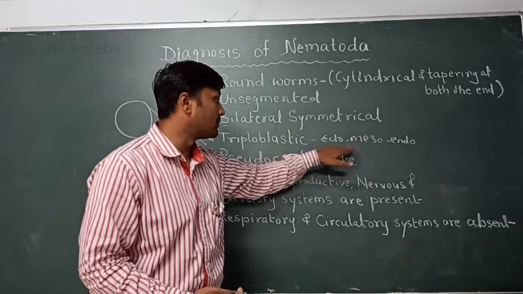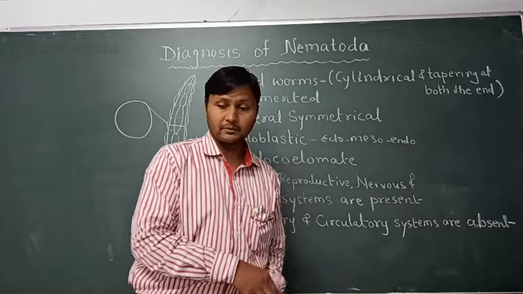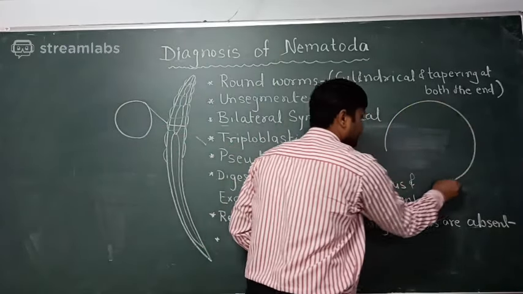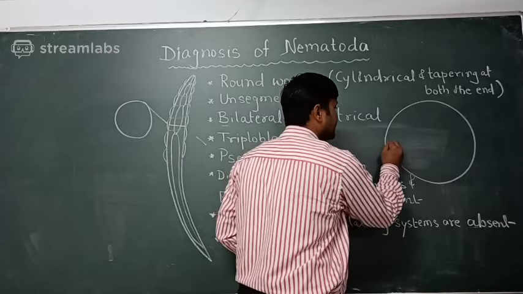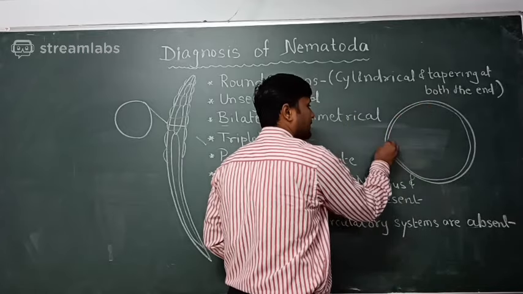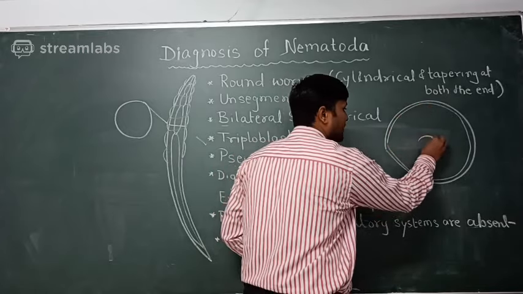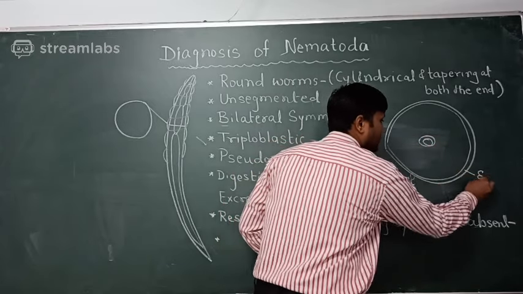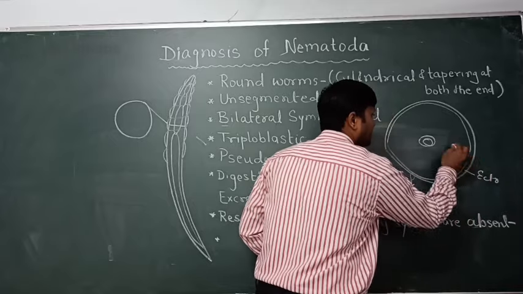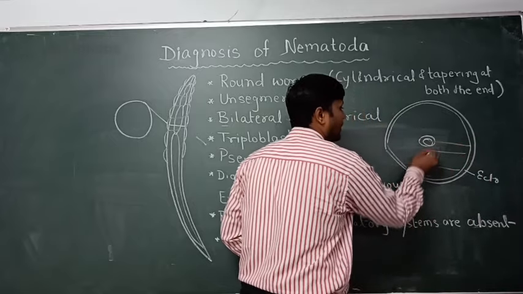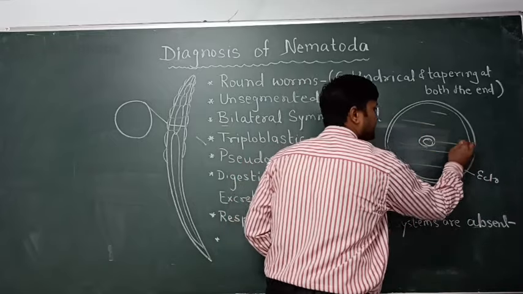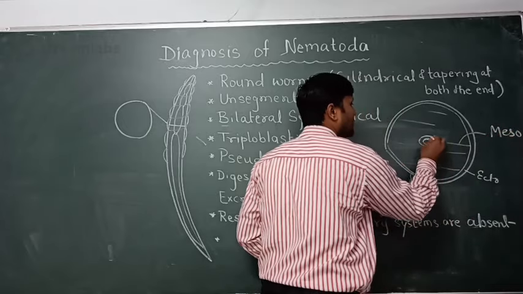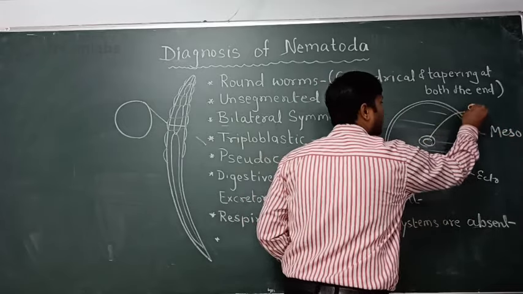This is the germ cell having three germ layers: the outermost is ectoderm, the middle one is called mesoderm, and the innermost is called endoderm.